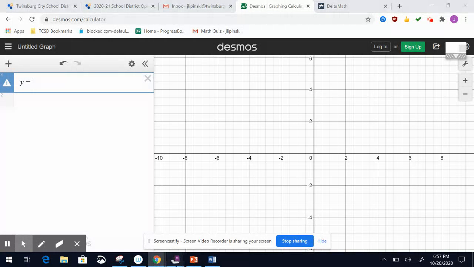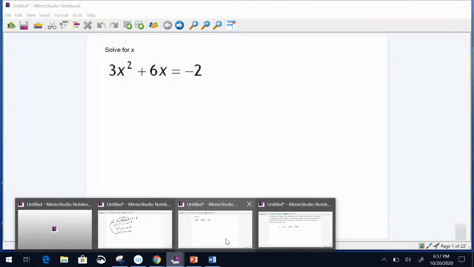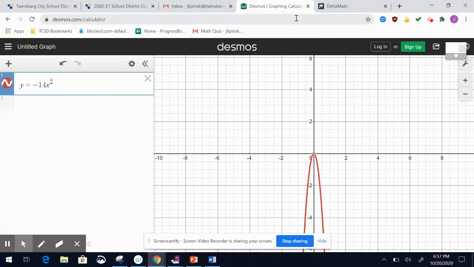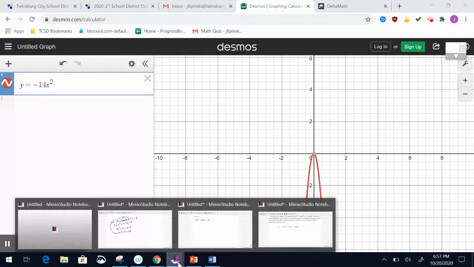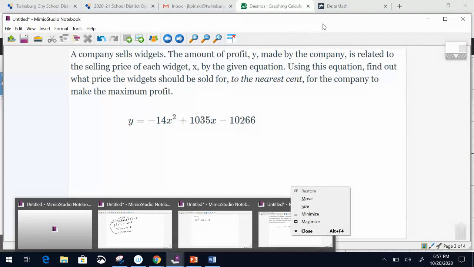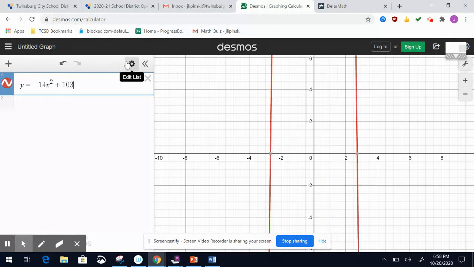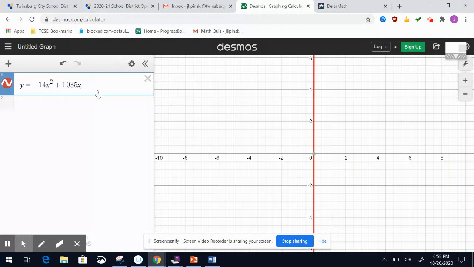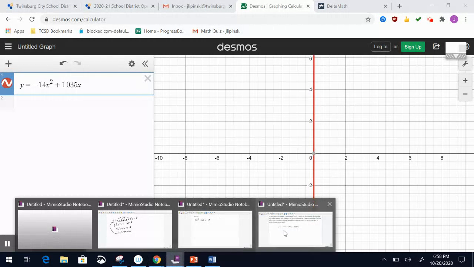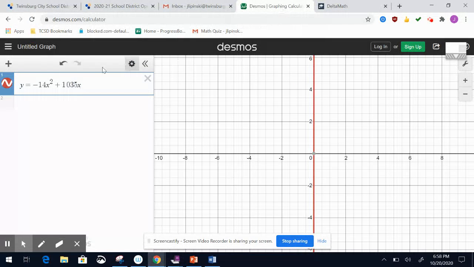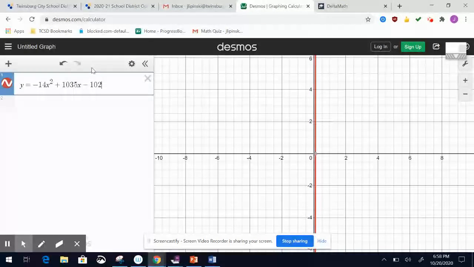Negative 14x squared, plus 1035x, minus 10266.